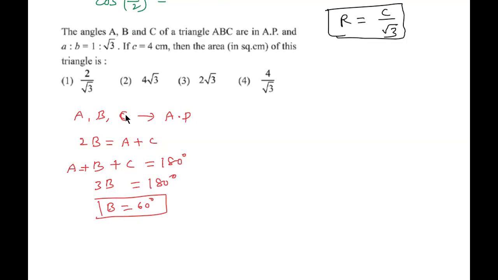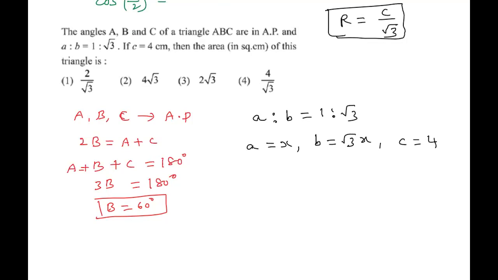Next. See the question, what is given. A is to B is equal to 1 is to root 3. So we can assume that A value is x, B value is root 3x, and C value is already given, that is 4 centimeters.